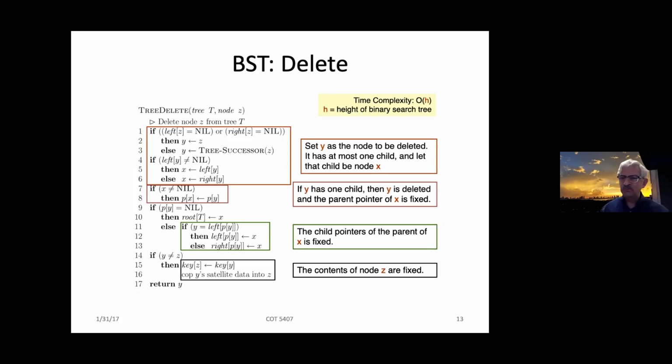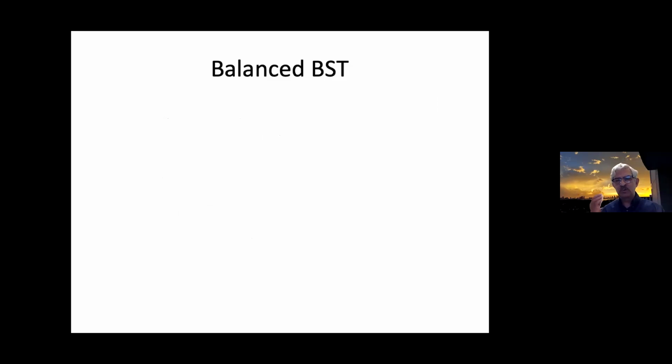All the operations become inefficient. And so therefore, the next topic is quite important in the sense that we want to know how to keep a binary search tree as balanced as possible. It turns out that many people have worked this out. There are different kinds of balanced binary search trees. For instance, there's something called the AVL trees.